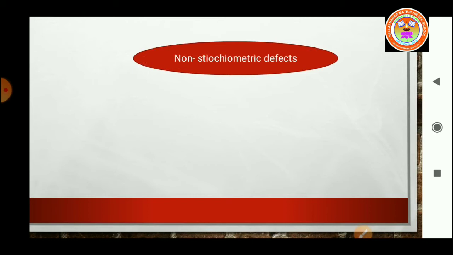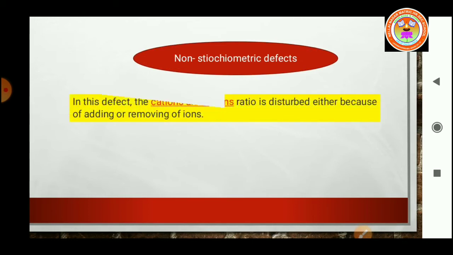Non-stoichiometric defects. What is the definition of non-stoichiometric defects? In this defect, the cation and anion ratio is disturbed. How is it disturbed? Either because of adding or removing of ions.